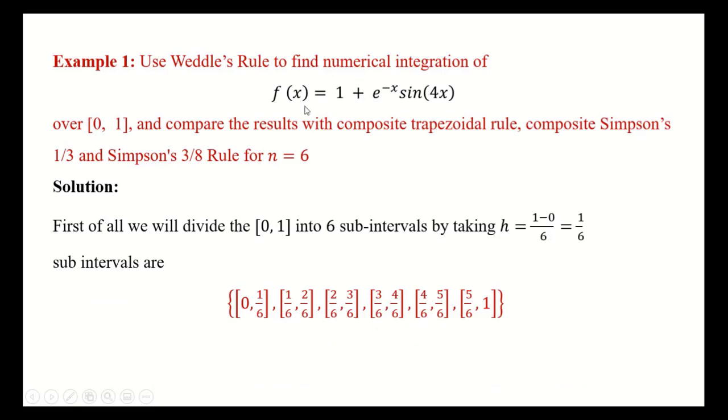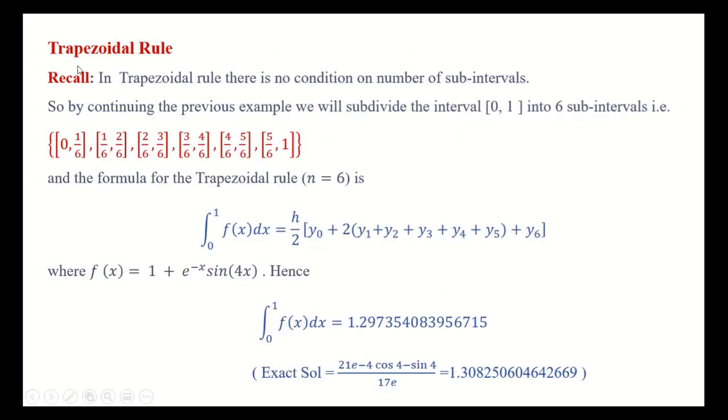So now we will consider again the same function for n is equal to 6, and we will apply first the trapezoidal rule and then Simpson's 1 by 3 rule and then 3 by 8 rule. So this is our trapezoidal rule. As we know, in the trapezoidal rule we have no condition on the number of subintervals, so it is applicable to any number of subintervals.